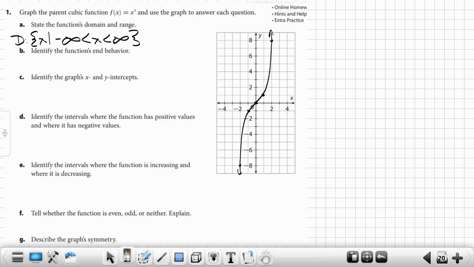So I'm going left and right forever because I can cube anything from the far left to the far right. And then what will those give me? It will give me positive infinities and negative infinities. So my range is also negative infinity to infinity. Well, this is f of x.